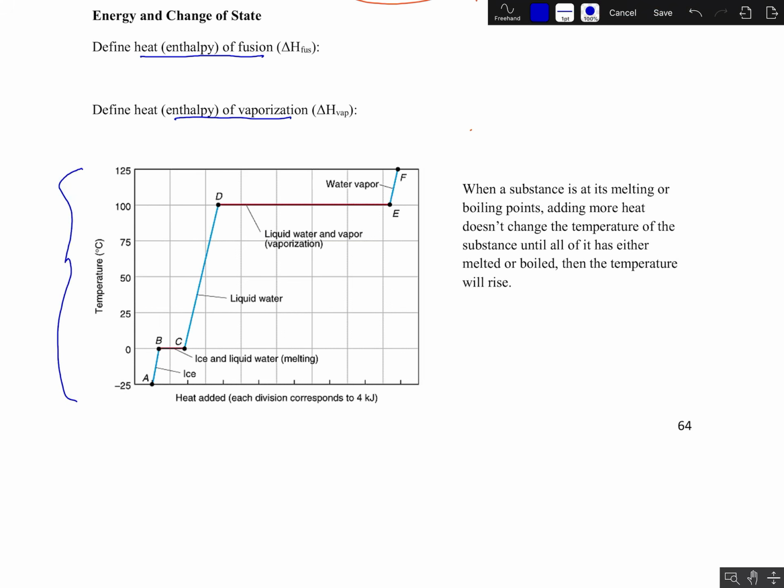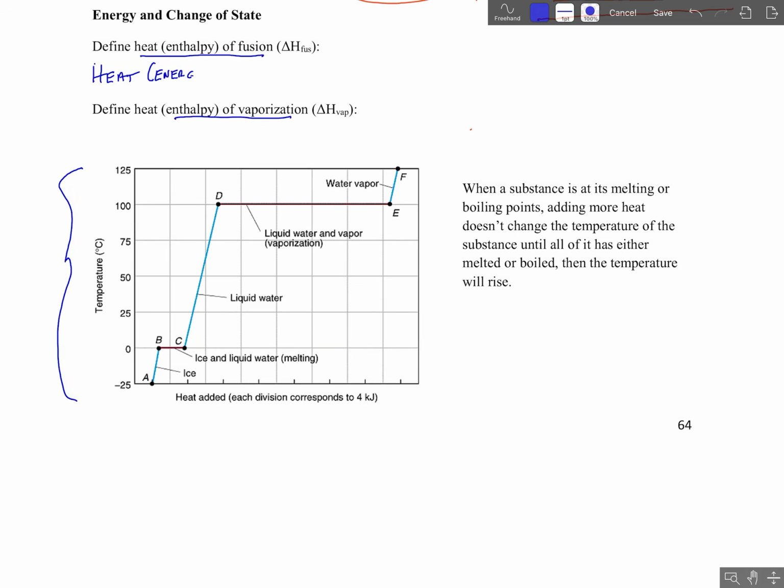Heat or enthalpy of fusion is simply the heat or energy, we could say, required. So this is an endothermic process, kiddos. We need heat from the surroundings for this to happen, to melt a solid at its melting point.